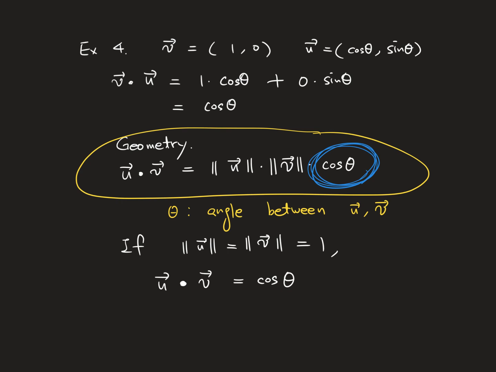Otherwise, the dot product stands for the similarity, but there's a bias of the magnitude, because the magnitude is multiplied.